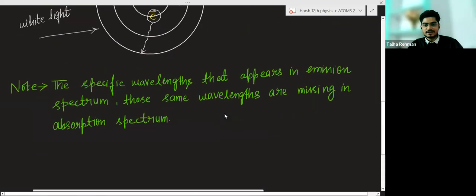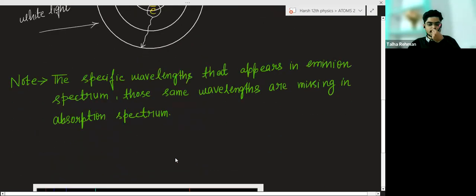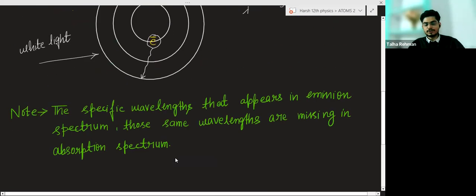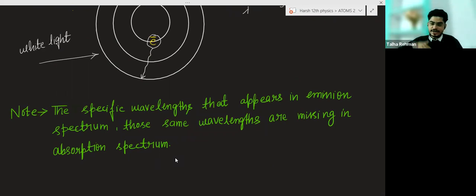The reason is the same for the absorption spectrum too, because when the electron moves from a lower energy level to a higher energy level, you give it heat, and it absorbs some heat and moves to the higher energy level.